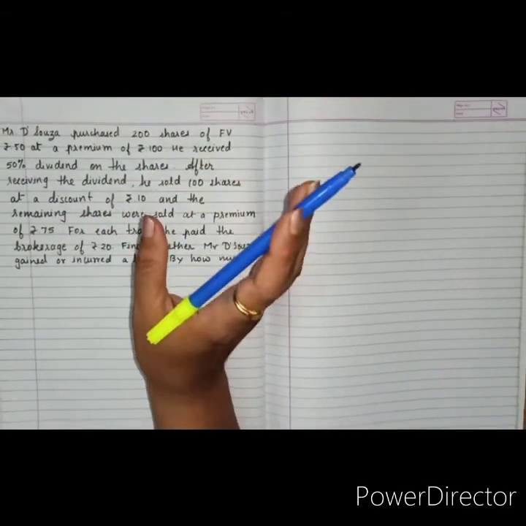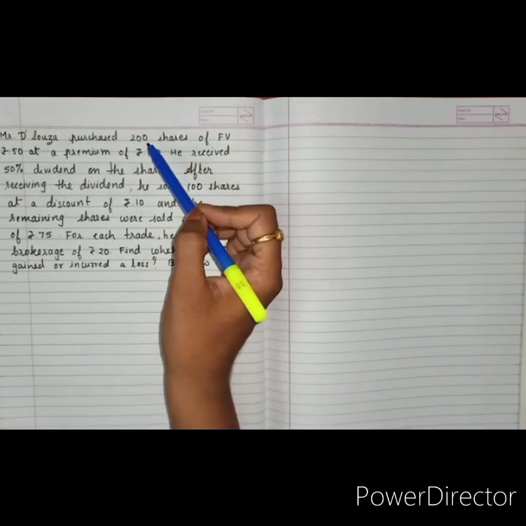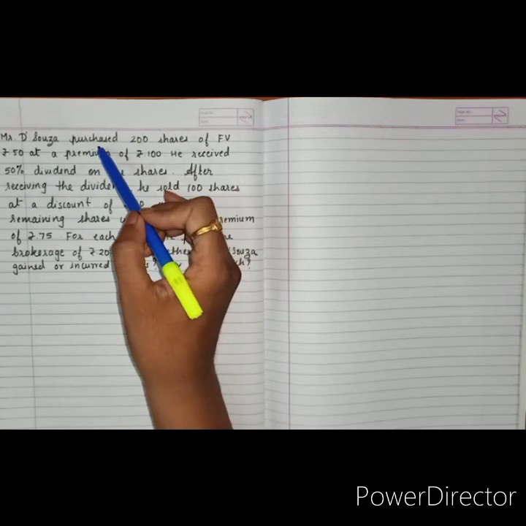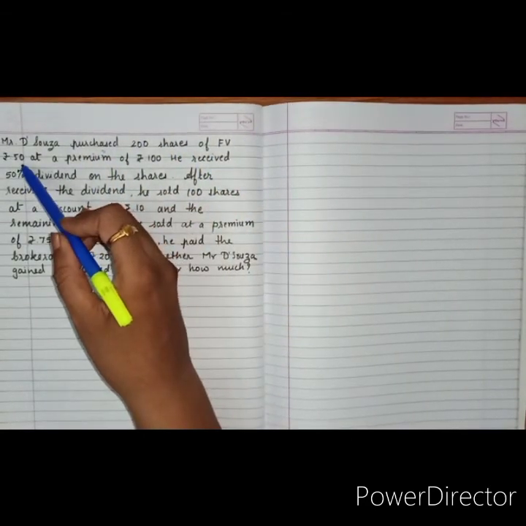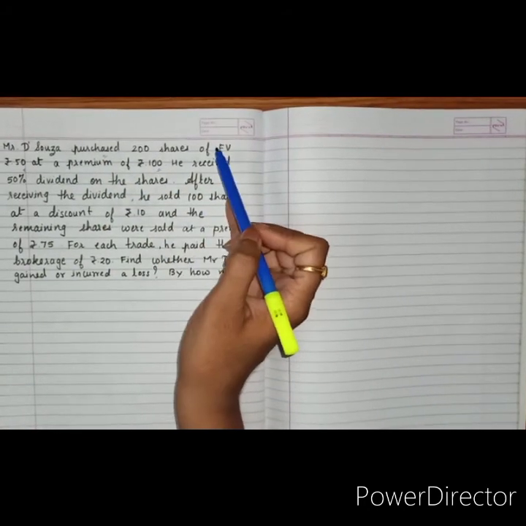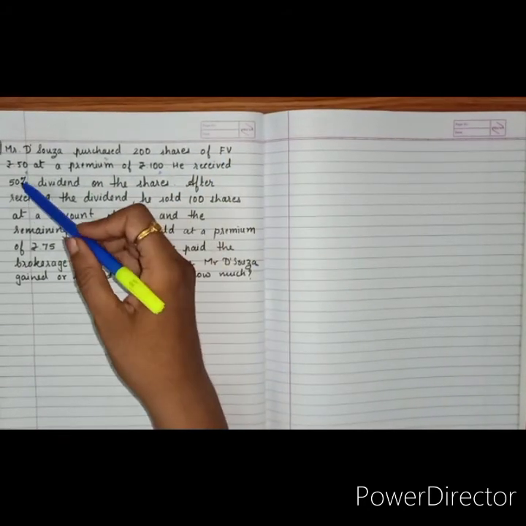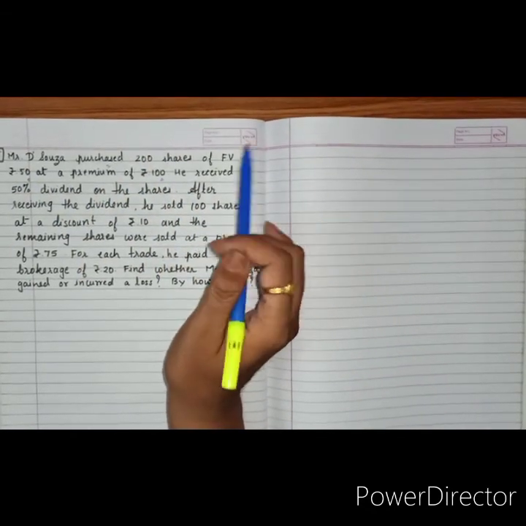Okay, let us see this last example now. Mr. D'Souza purchased 200 shares of face value rupees 50 at a premium of rupees 100. He received 50% dividend on the shares.